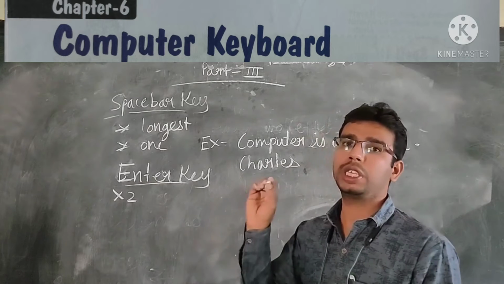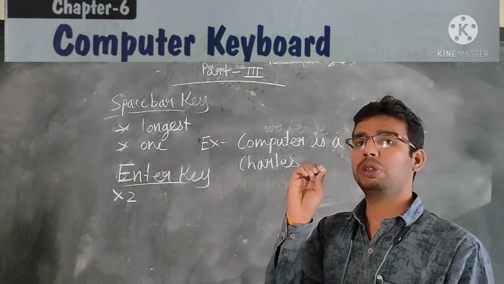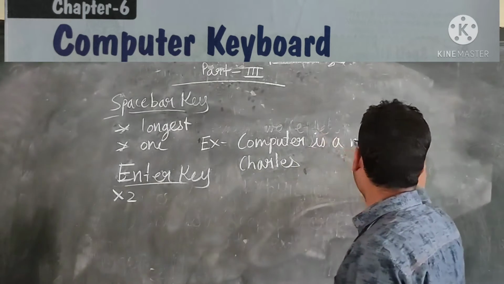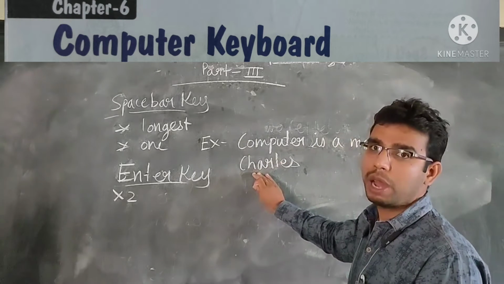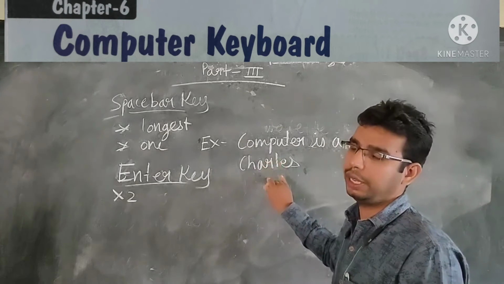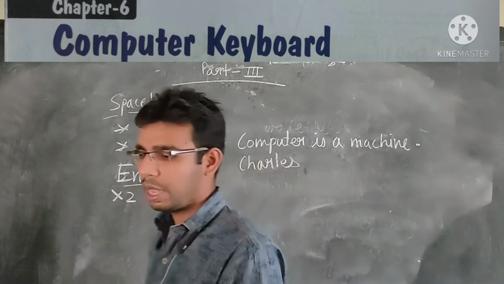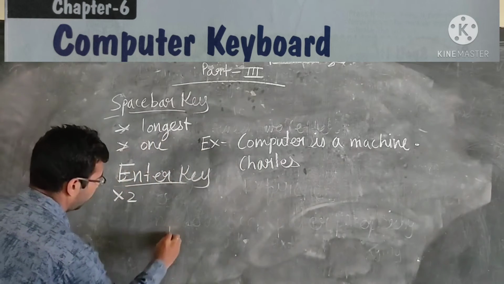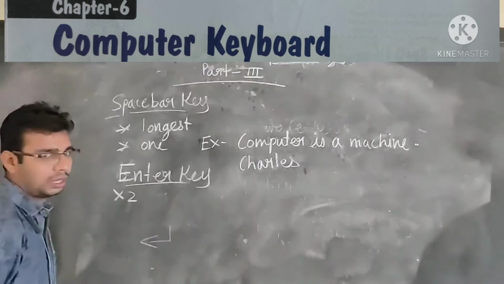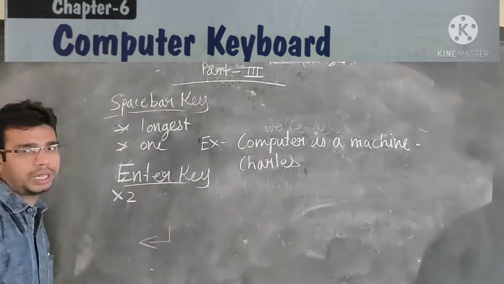So enter key is used to move to the next line. From this line I came here by pressing the enter key. And this is the symbol of enter key.